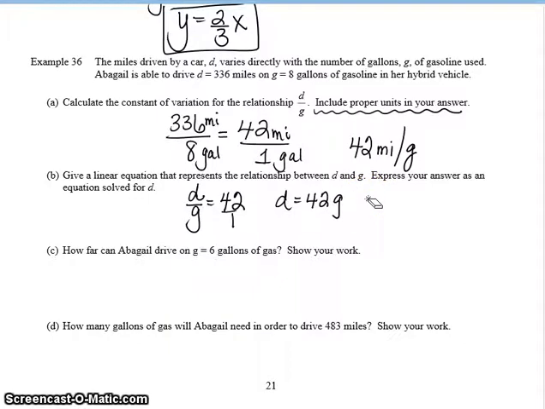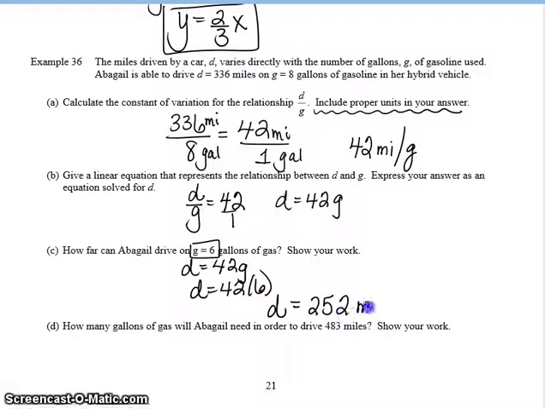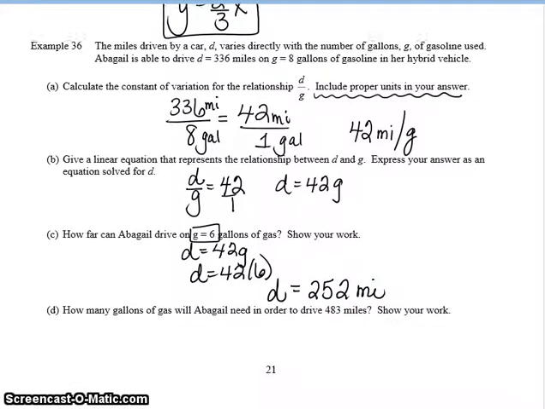How far can Abigail drive on G equals 6 gallons of gas? Use D equals 42G. G is 6, so D is equal to 42 times 6. You're going to get D is 252 miles. So on 6 gallons of gas, you could go 252 miles.